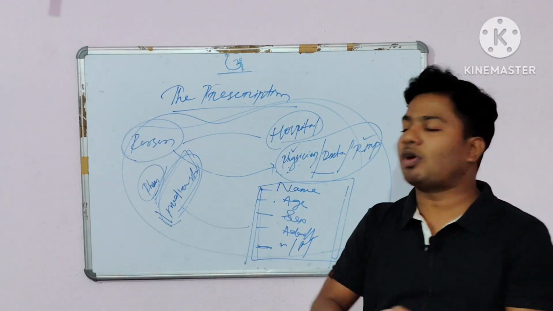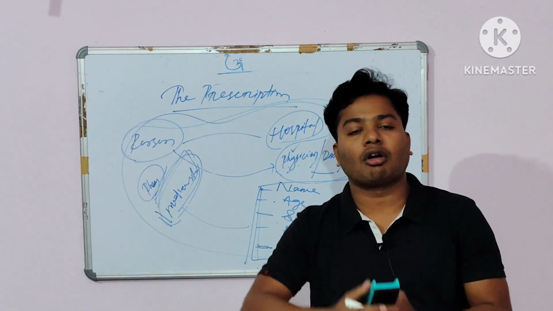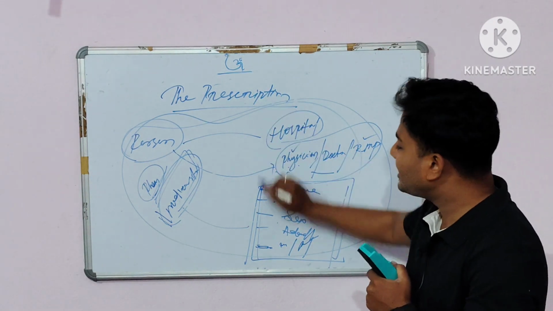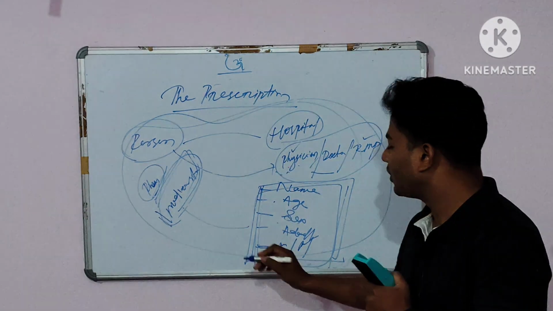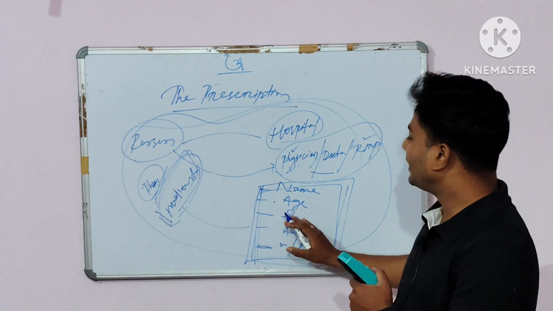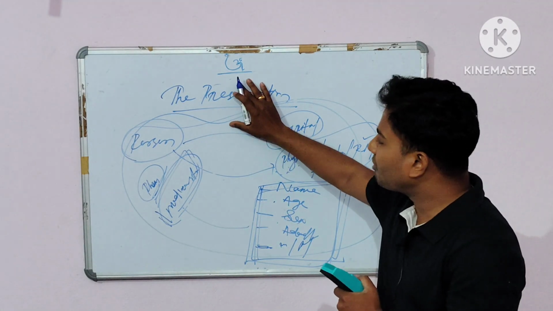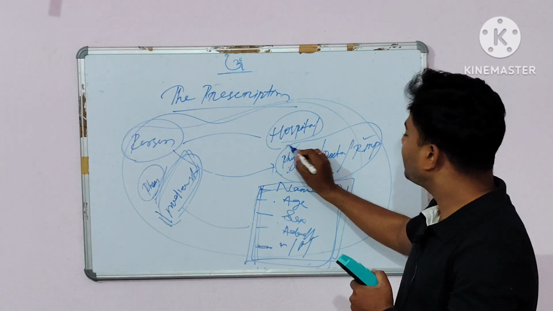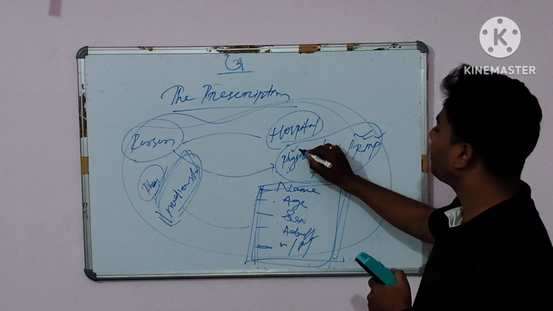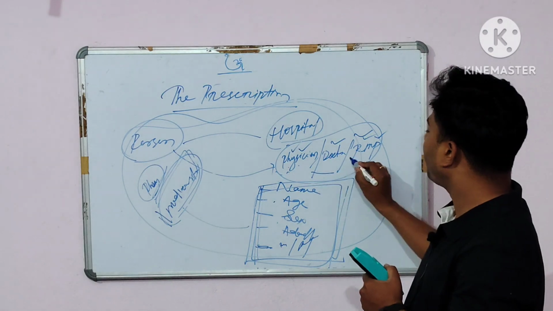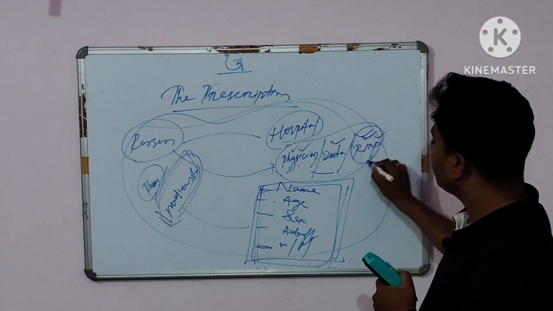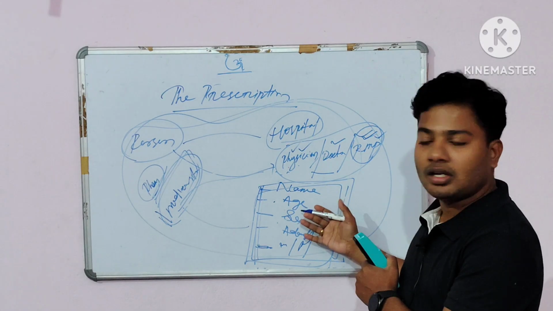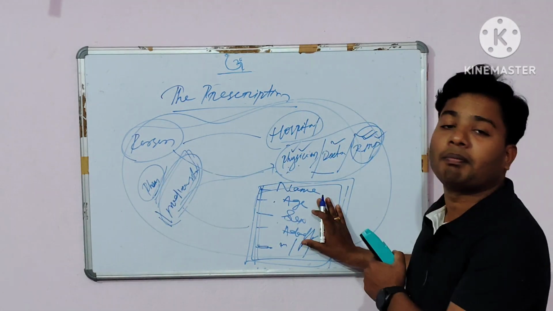Again, I am repeating the definition of the prescription. The prescription is a written order form, written by the physician, from a registered medical practitioner to the pharmacist, not to the patient, for the patient.